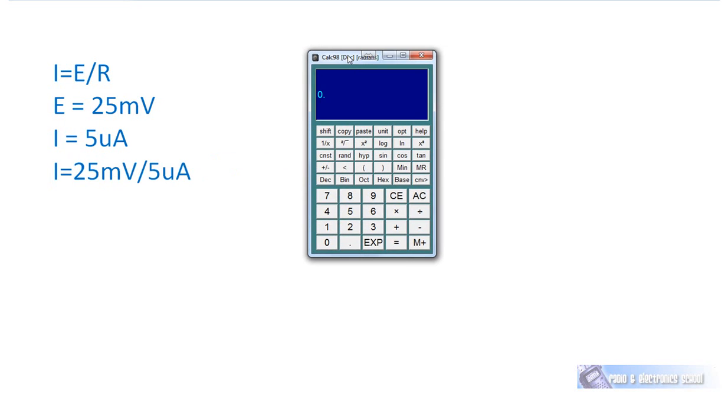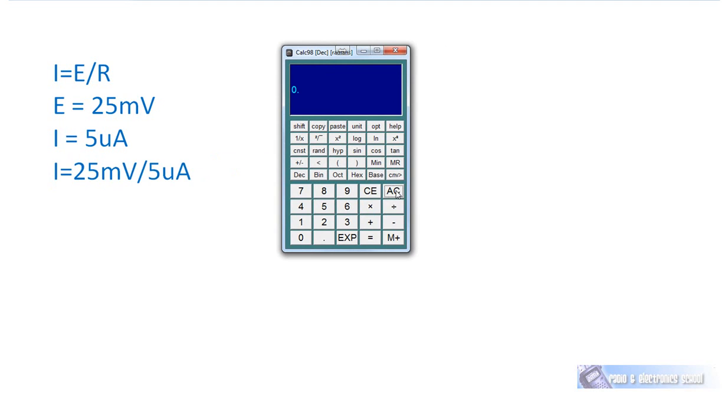Here's the calculator. Always press all clear on your calculator before you do any calculations. Now we're going to enter 25 milli. Now milli is 10 to the minus 3. So 2, 5 exponent minus 3. What we've done here is put 25 millivolts into the calculator.